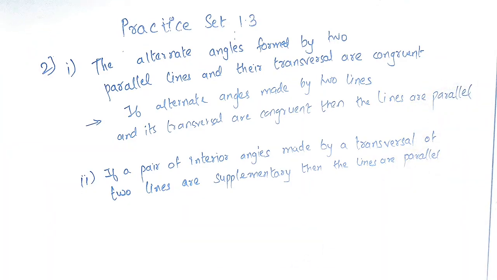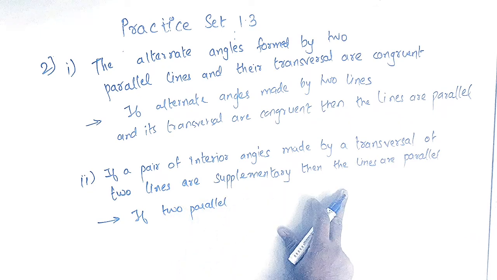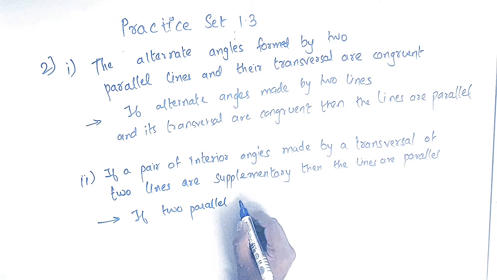Similarly here: if the pair of interior angles made by a transversal of two lines are supplementary, then the lines are parallel. You know what interior angles are, so I am not going to explain that. Then the lines are parallel will come first. So how will you write? See, converse means the consequent I am making the antecedent.